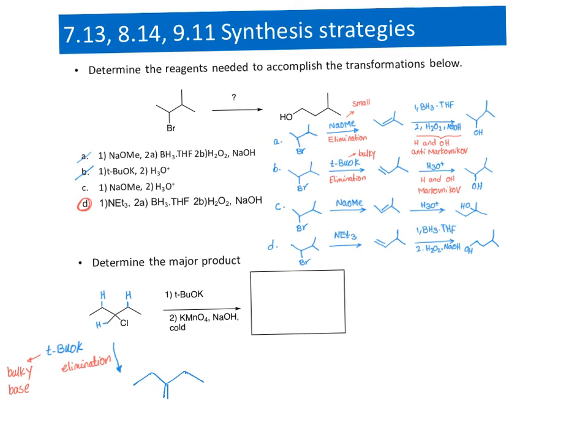Now in the next step, we are going to treat this alkene with potassium permanganate, sodium hydroxide in cold temperature. And I know this reagent, so I'm going to add 2 OH groups across the double bond in anti-fashion.